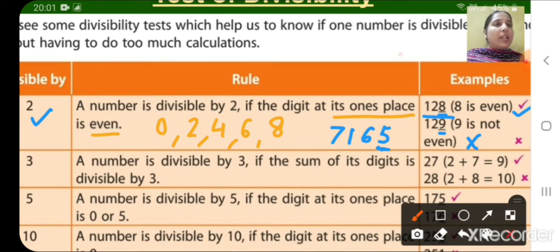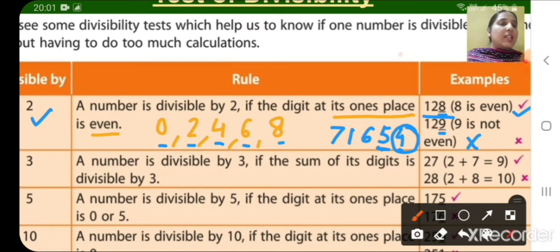Okay, but now suppose the number here is 71654. Now you just look at the digit at the ones place, that is 4. So will it be divisible by 2? Yes, it will be divisible by 2. Why? Because the digit at the ones place is an even number. You can see 0, 2, 4, 6, 8.